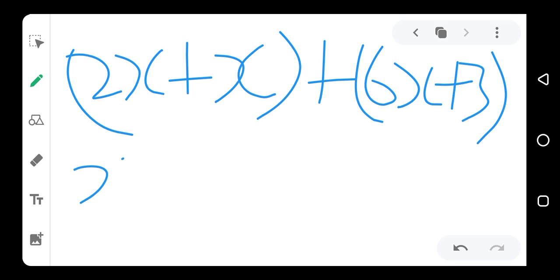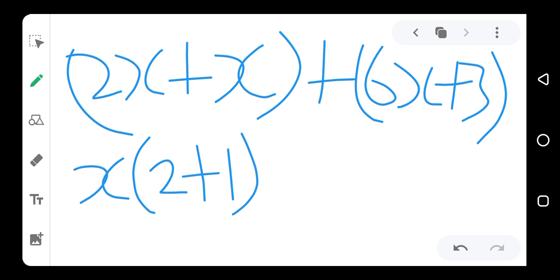We have x. x bracket 2x plus 1, that is, 2x squared divided by x, we have 2x remaining, and x divided by x, we get 1.